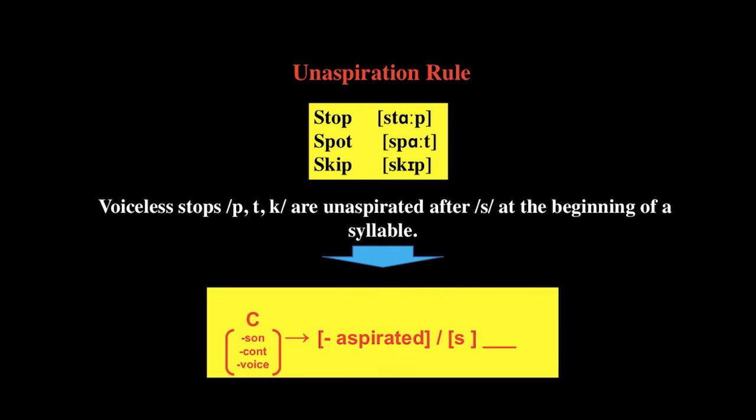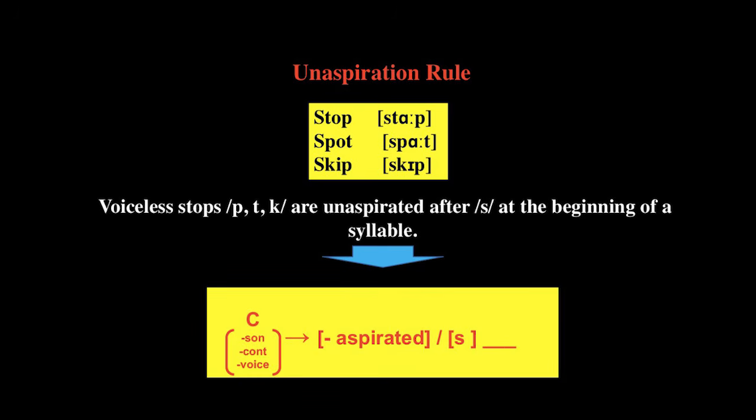So we write C for consonant, underneath we open the brackets for the features of that specific sound, which is a voiceless stop: minus sonorant, minus continuant, minus voice, then followed by an arrow which means becomes or pronounced. Then we refer to the phonetic change, minus aspirated, then we put a slash which is exactly if or when or whenever.